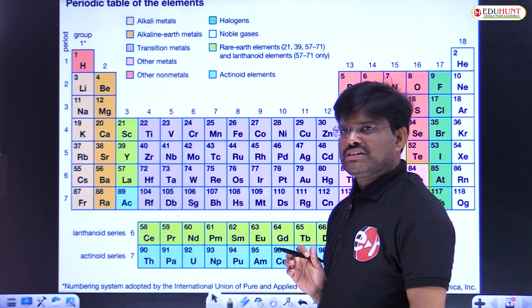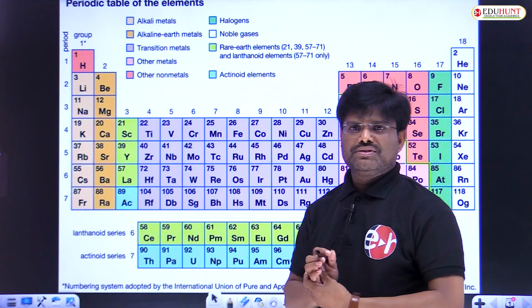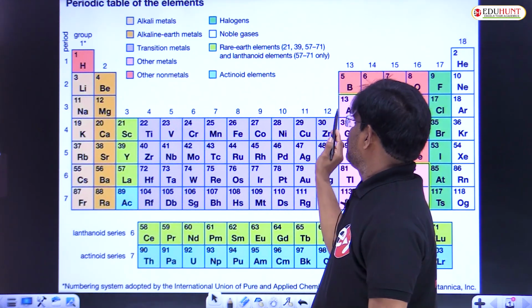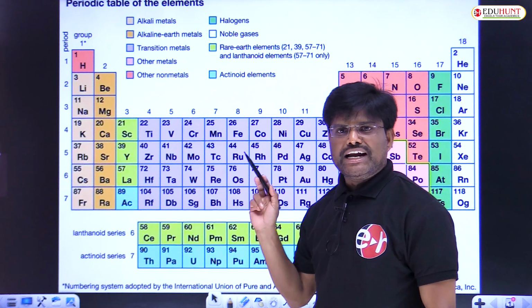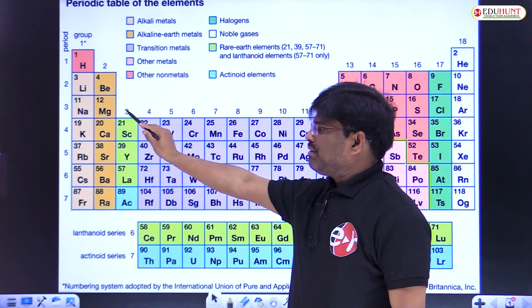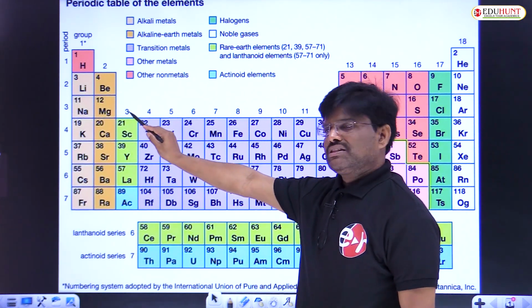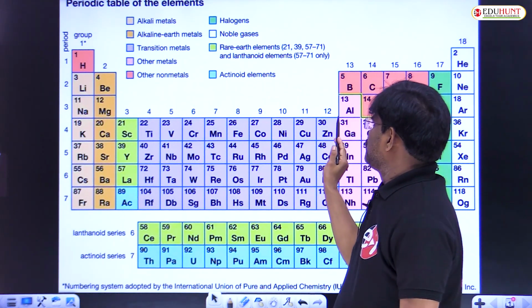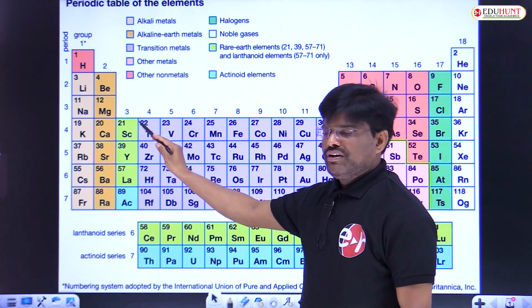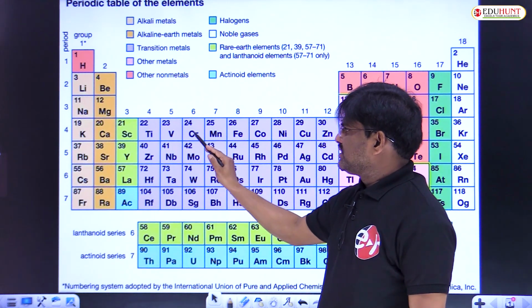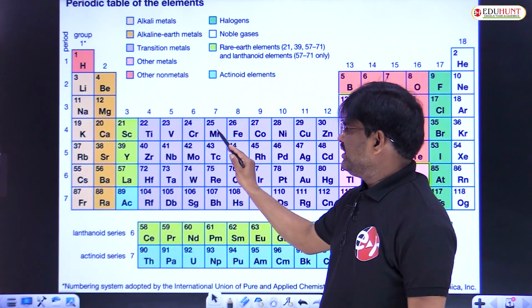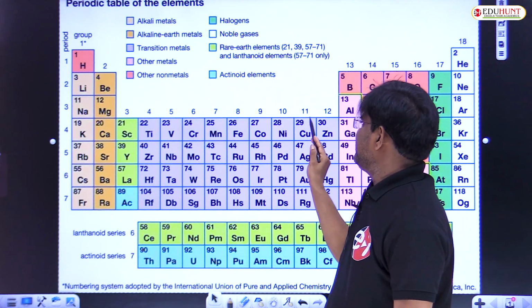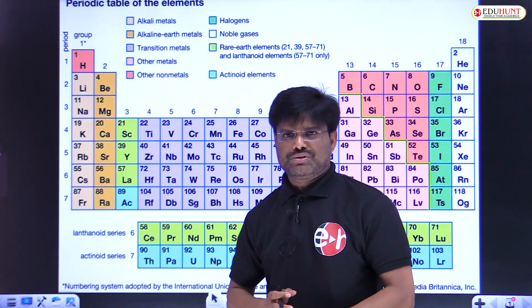So D block elements contain 10 groups, from the 3rd to the 12th group, that is third B to second B: third B, fourth B, fifth B, sixth B, seventh B, 8th B containing 8, 9, 10, first B, second B. These are the 10 groups.